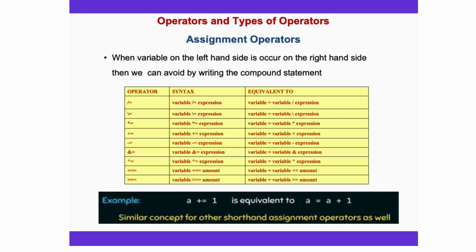For example, a is equal to a plus 1. Here the variable a on the right hand side is the same as on the left hand side, so this statement a equals a plus 1 can be rewritten as a plus equal to 1. We can use all the operators likewise.